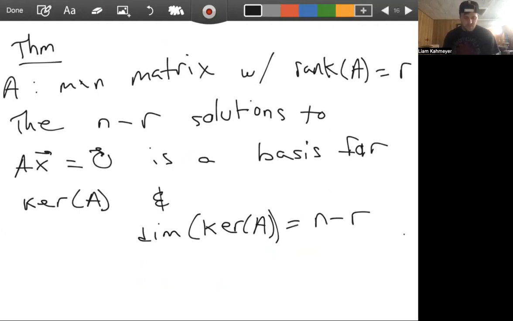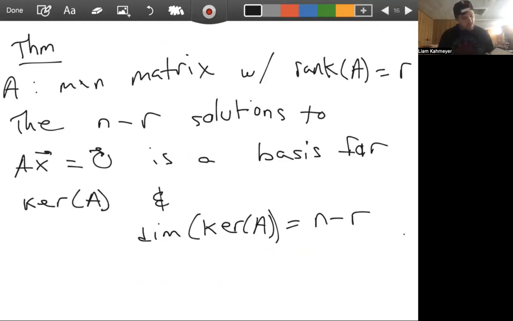Well, that's because if you have n minus r solutions and those vectors form a basis, then that many elements is going to define the dimension of the kernel here.